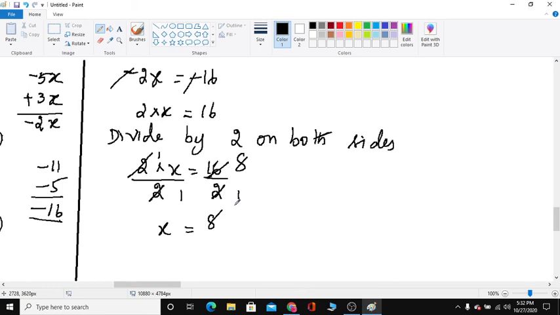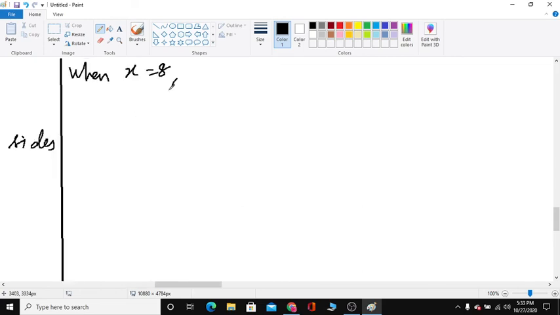Now we'll do the verification. When x is equal to 8, substitute in the equation. Equation you write in product form, children. Both sides x term is there. So left hand side 3x plus 5 is 3 into x plus 5 is equal to right hand side 5x minus 11. 5x is 5 into x.